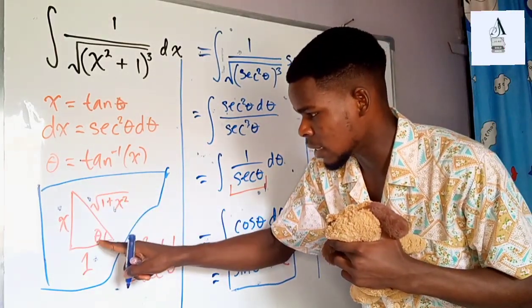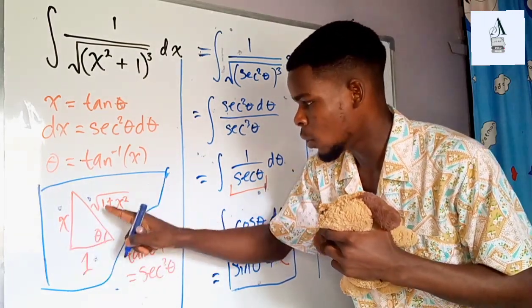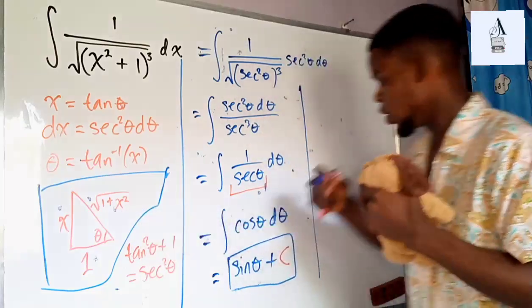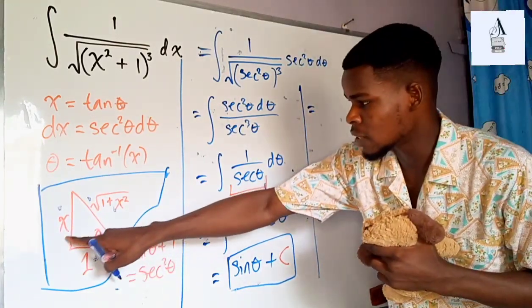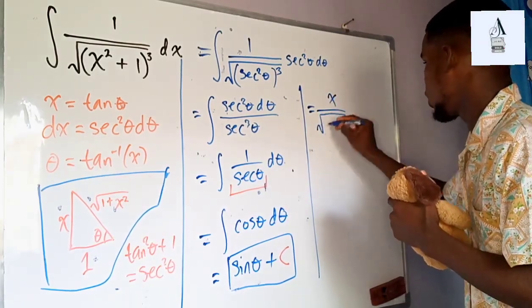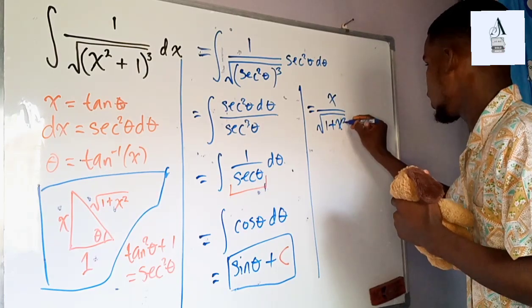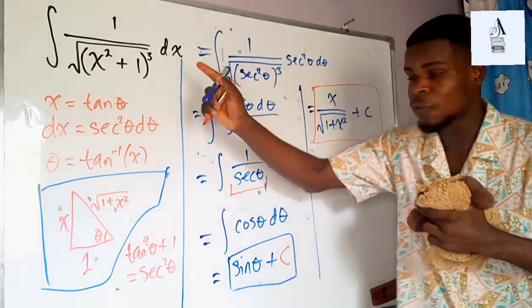Sine theta is opposite over hypotenuse, that is x over the square root of 1 plus x squared, and then you add an arbitrary constant. This is the antiderivative of that function.